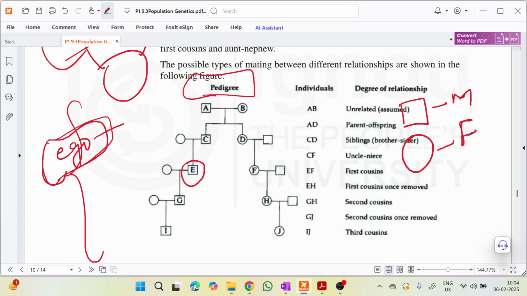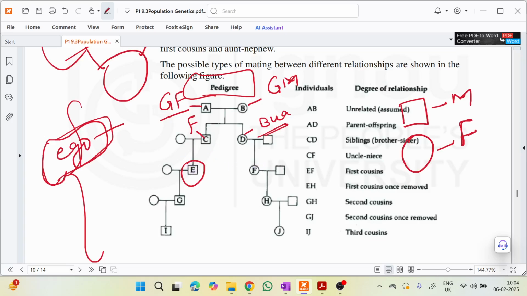So A will be E's grandfather, B will be grandmother. In that case, C will be his father, D will be his bua, paternal aunt.